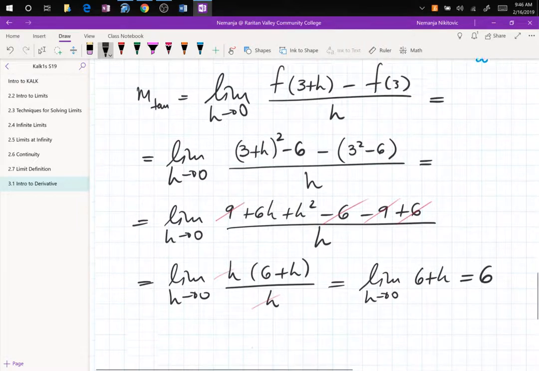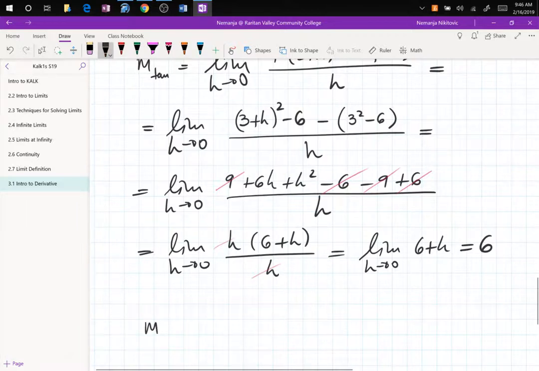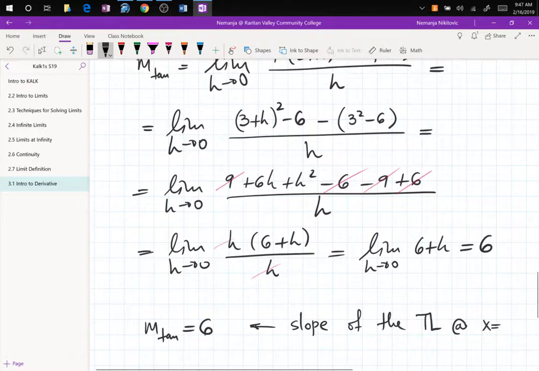So now we found out that m tangent is equal to 6. That's the slope of the tangent line at x equals 3.